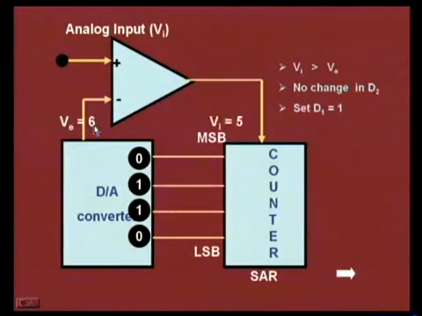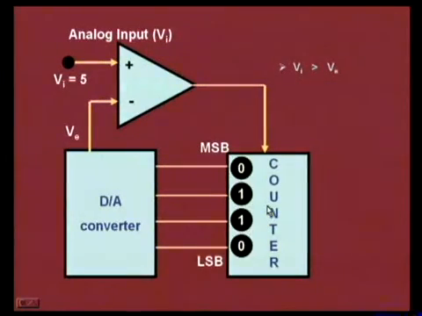Now, the comparator should compare 5 volts of input voltage with 6 volts of analog voltage, and once again the input voltage is lesser than Ve. Now, once again what should happen? This should be reset and the next bit should be set.